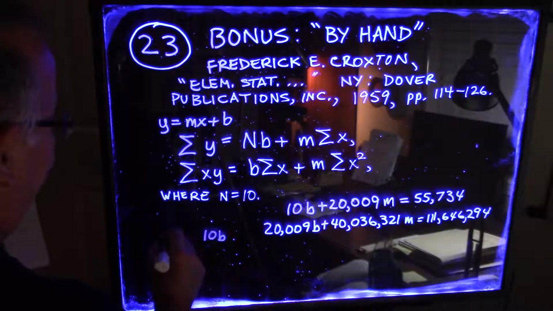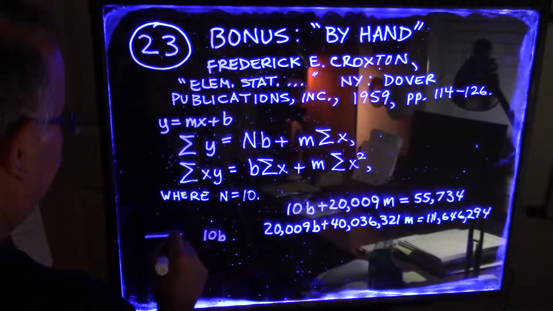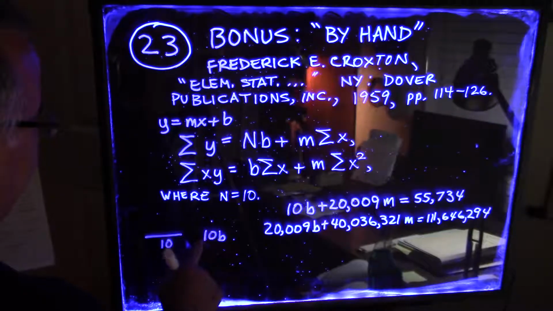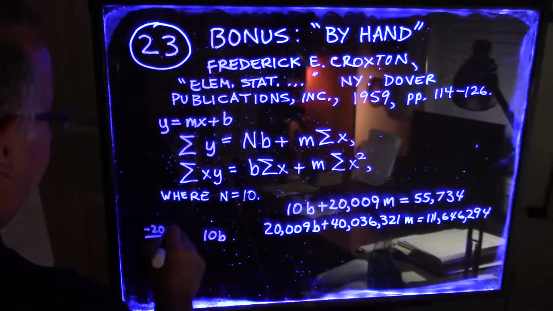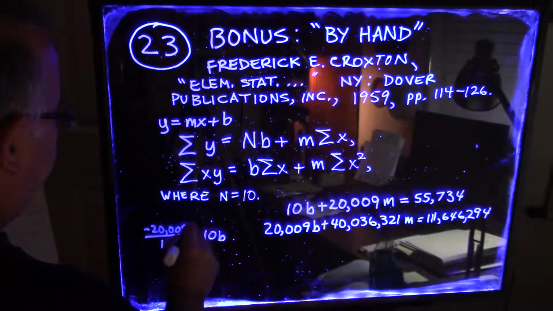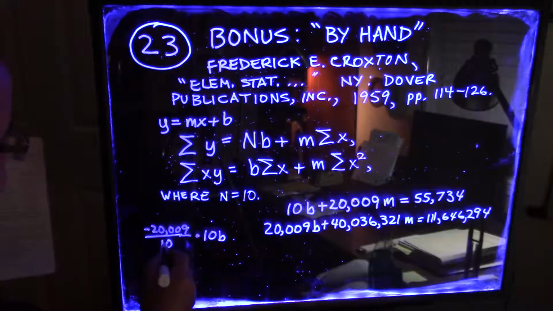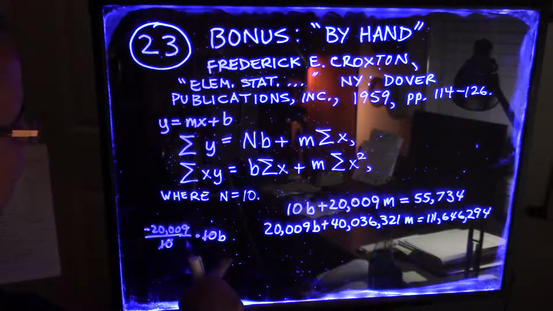So I multiply by a fraction with 10 in the denominator. That'll cancel the 10's out, and I put a negative 20,009 on top. So what that'll do is cancel the 10's and put a negative 20,009b in its place.